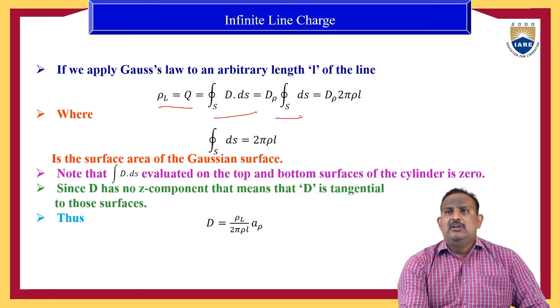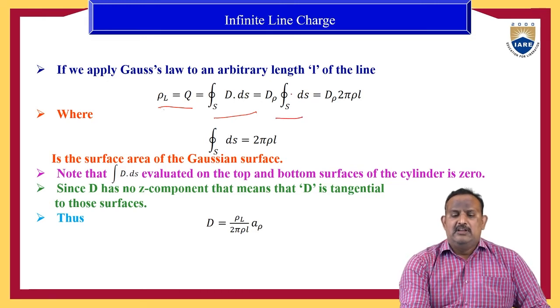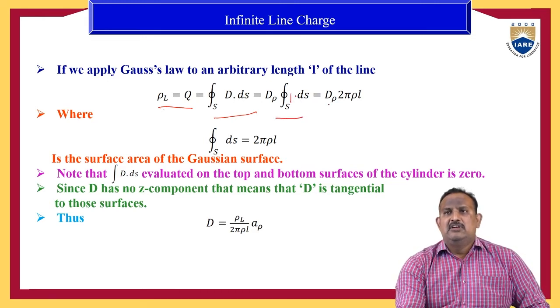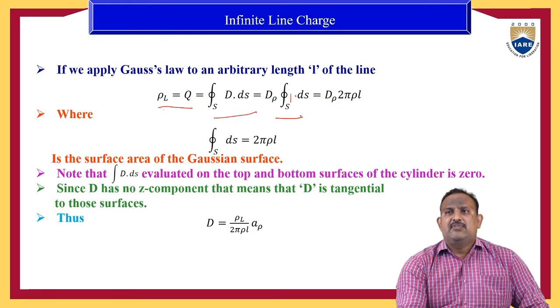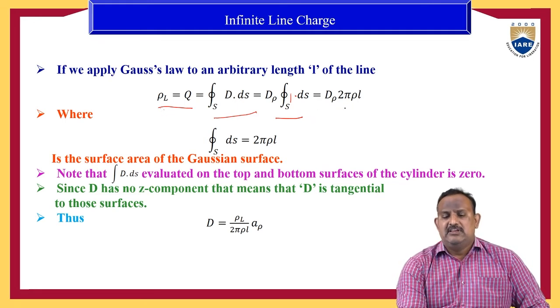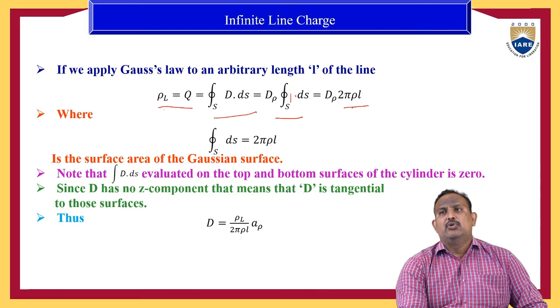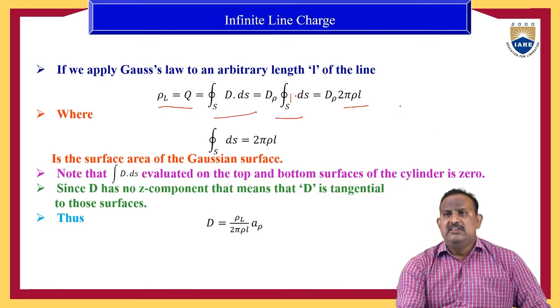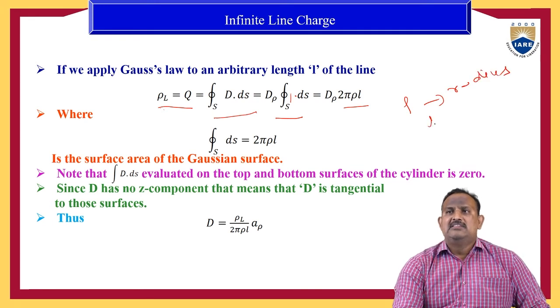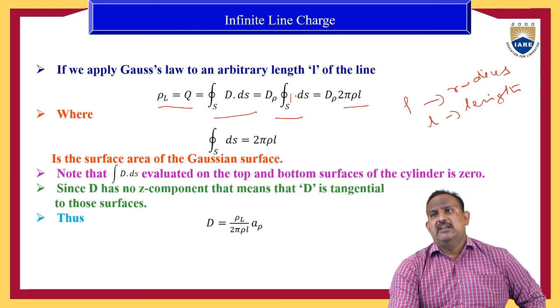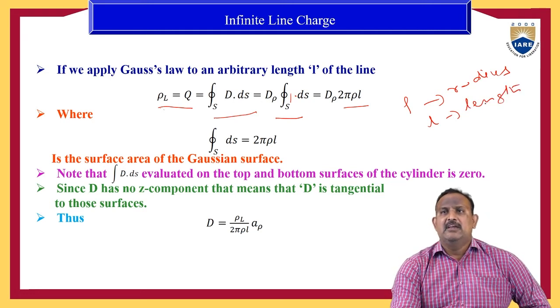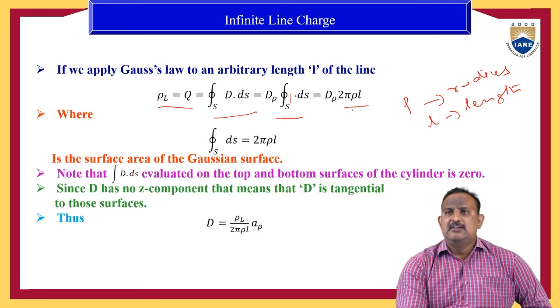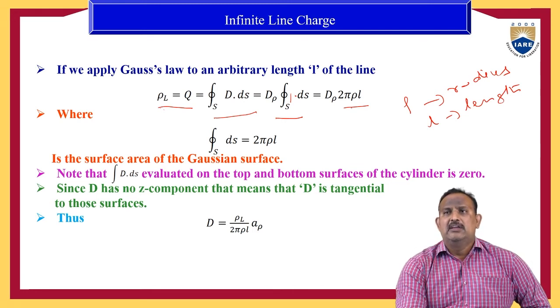Therefore, D rho into the surface integral of dS, which is D rho into the surface area of the cylinder, 2 pi rho L, where rho is the radius and L is the length of the cylinder.